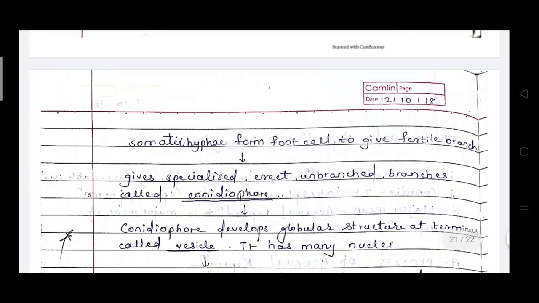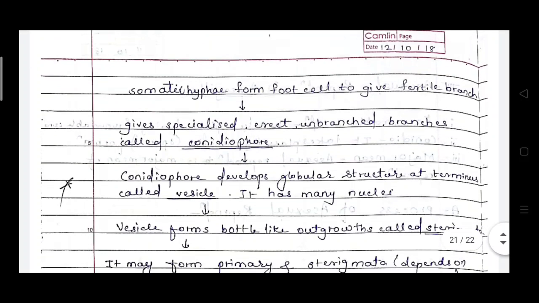When the somatic hyphae from the foot cells give a fertile branch, that is erect and unbranched, it is called the conidiophore. This conidiophore develops a globular structure at its terminus called the vesicle.